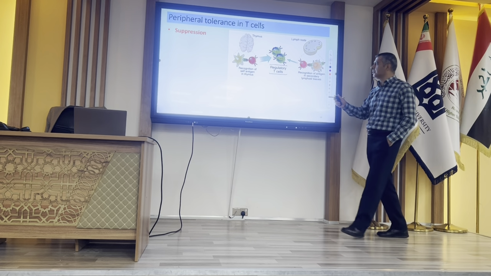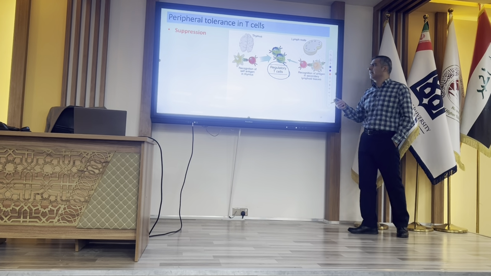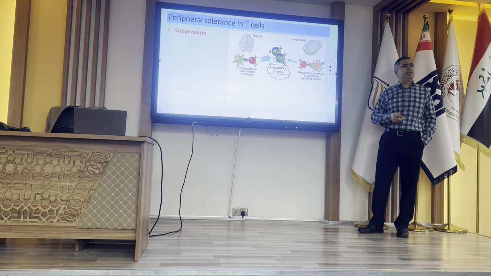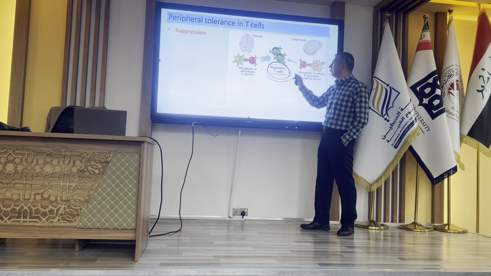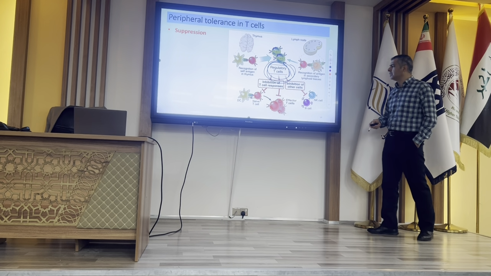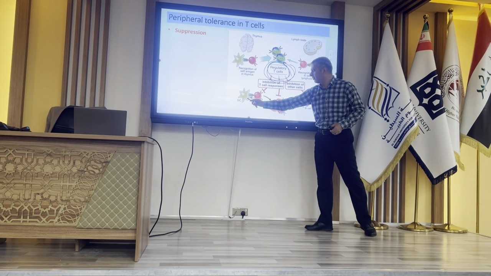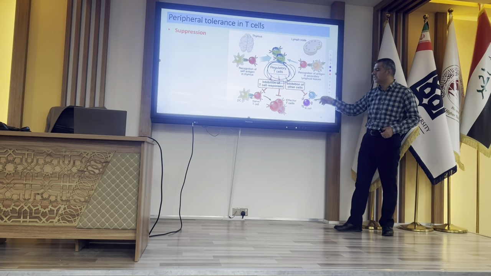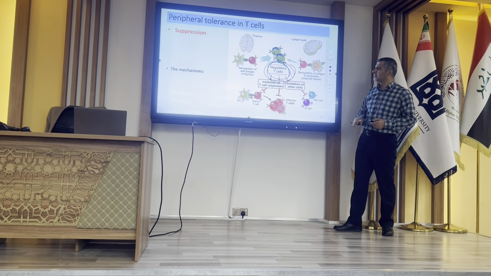So they are suppressory cells. Sometimes instead of activation of, for example, T helper 1 or T helper 2, we will have activation of regulatory cells when there is no inflammation again. And regulatory T cells with different mechanisms will inhibit activation of dendritic cells, T helper cells, B cells, NK cells. They are suppressory cells.